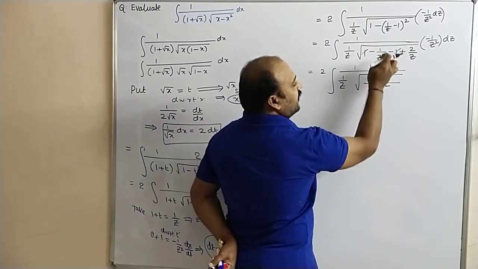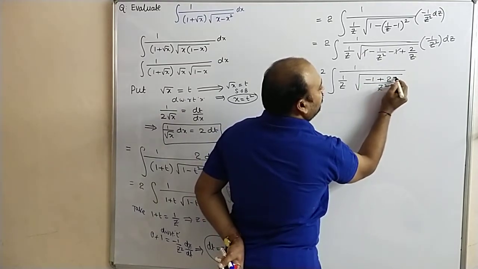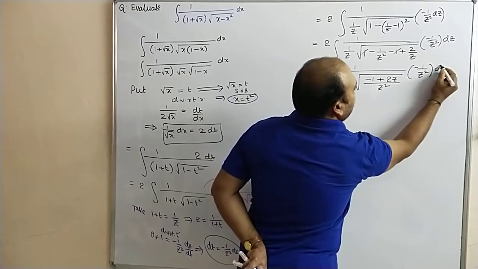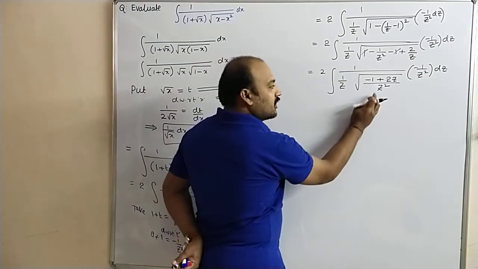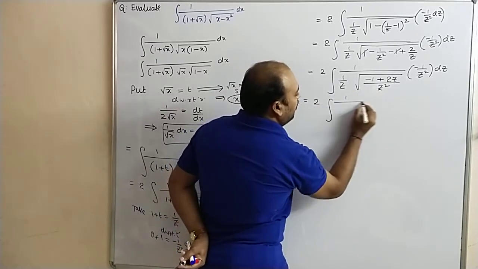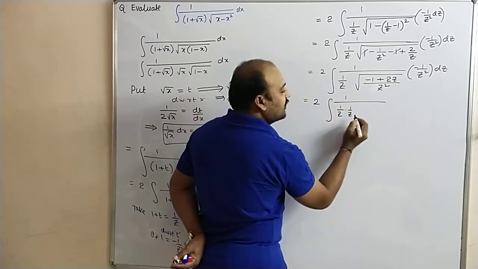So z square get cancelled, minus 1 plus 2z into minus 1 by z square into dz. So here z square you can take outside the root, it will become 2 into 1 by z. Here already one more z is there, 1 by z.